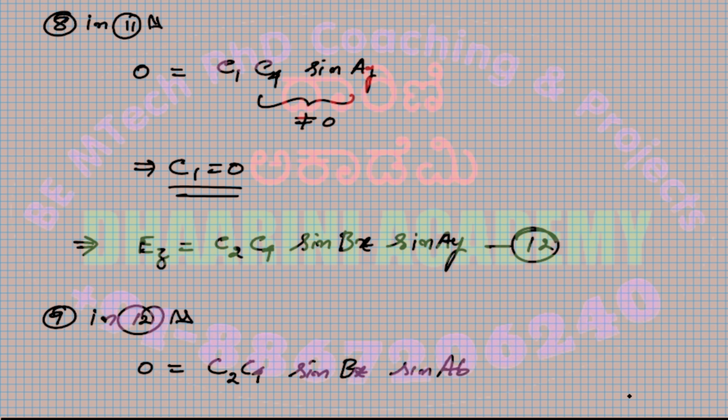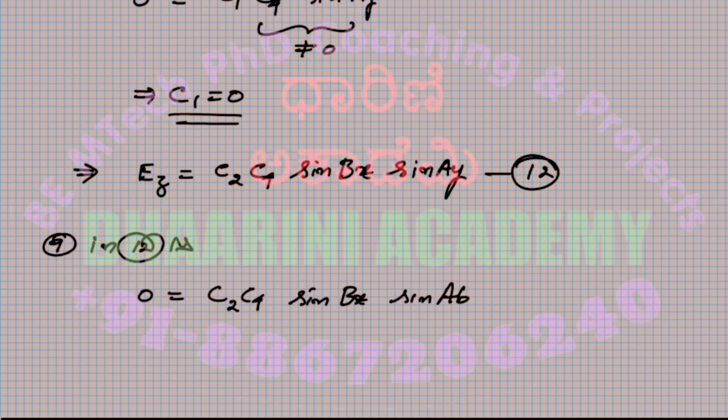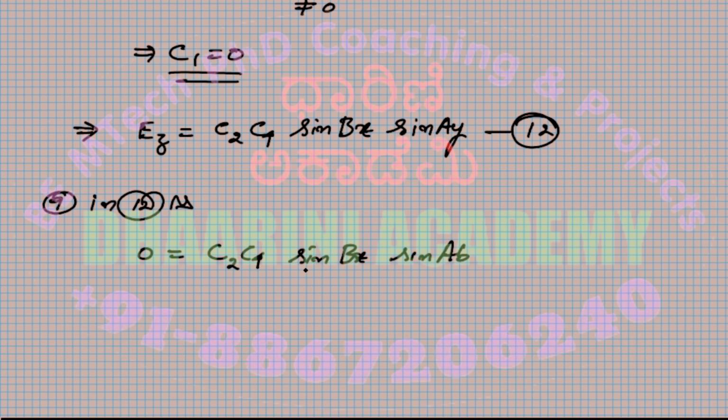Now I should understand something. Sine bx is not 0 because x varies. It's not 0 because x varies, right? So when my theta changes, sine theta is not fixed to 0. Sine theta will change.